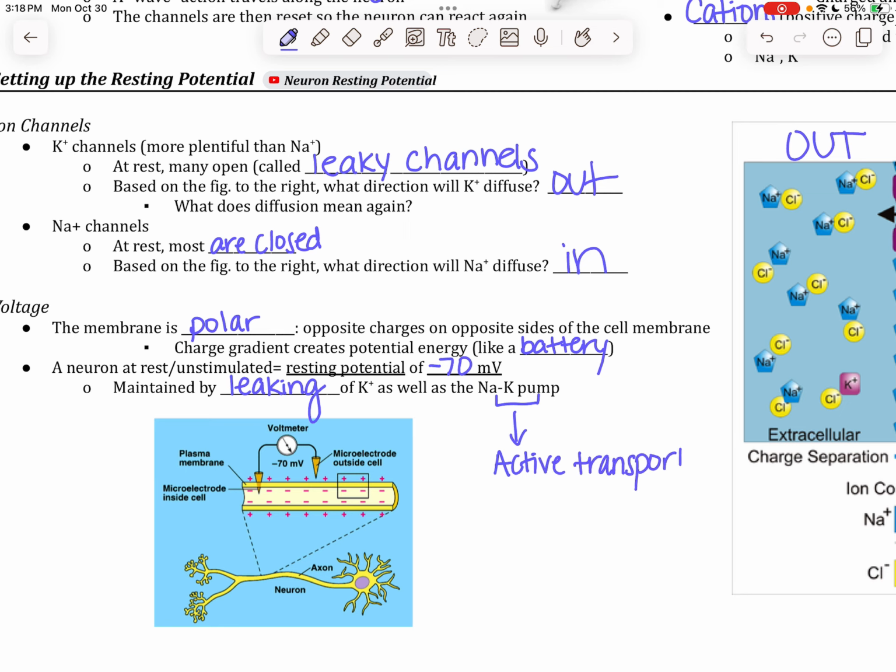Okay, so sodiums and potassiums are pumped against the grain, or against, we'll say, their charge gradient, to reset the neuron once it's been stimulated. And that resetting process gets us back at an unstimulated or resting potential of -70.